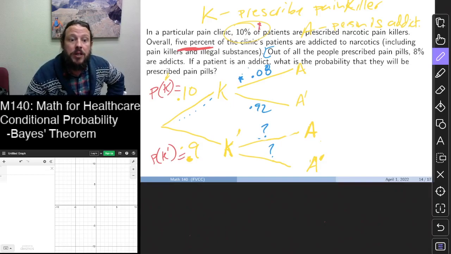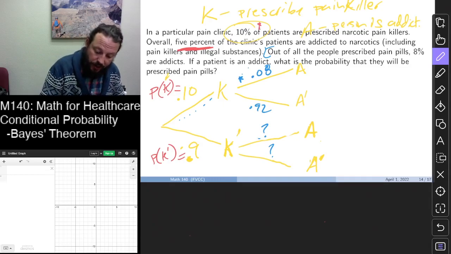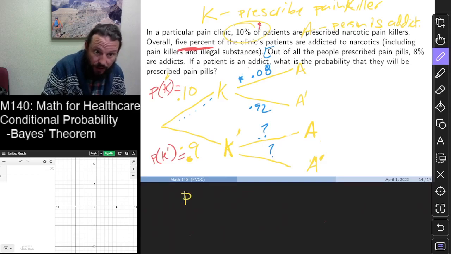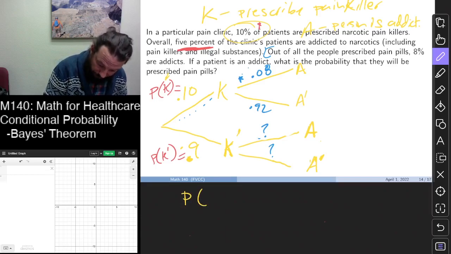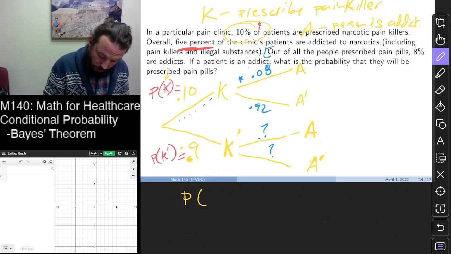Now next up we see, out of the people prescribed pain pills, 8% are addicted. Okay, so that's this 0.08, right? What does that sentence say? Out of the people that are prescribed painkillers. So that's telling me the probability of being addicted given that we were prescribed painkillers.